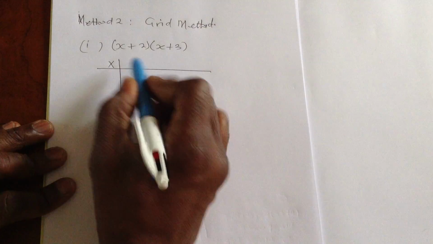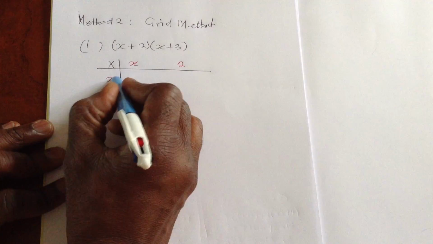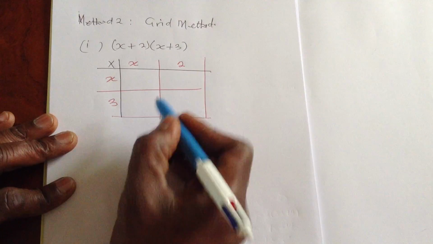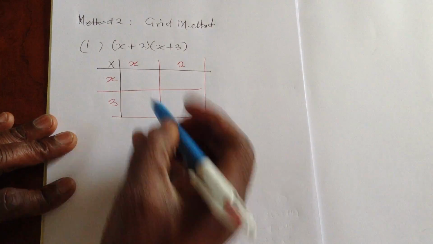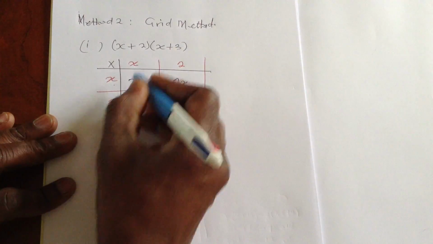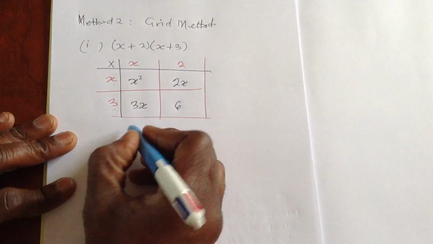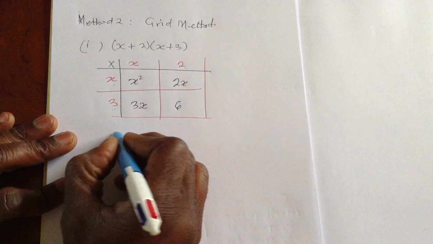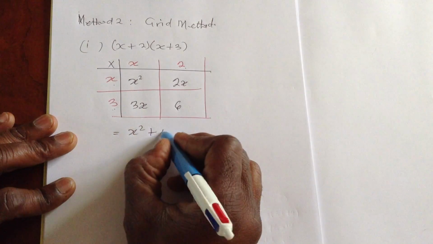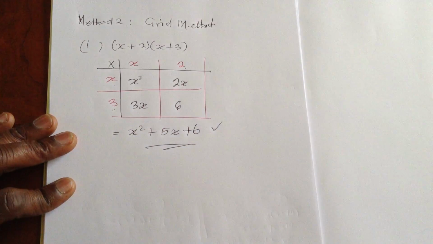Then I have the 2 terms, x and then 2, and over here I have x and then 3. I then complete a grid for this. x times x will give me x squared. x times 2 will give me 2x. 3 times x will give us 3x, and 3 times 2 will give us 6. So if you add what is in the grid, you're going to get x squared add 3x add 2x becomes 5x, and then you add your 6, which is the same thing as the first example.